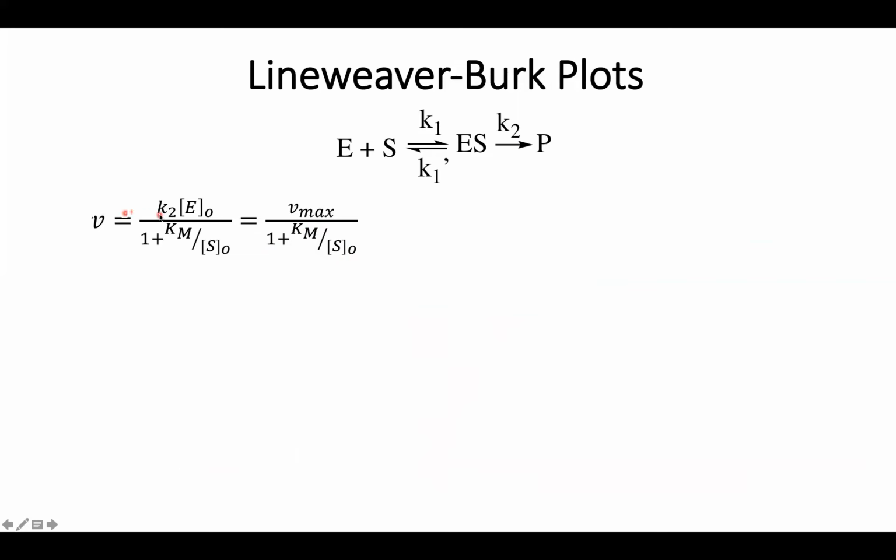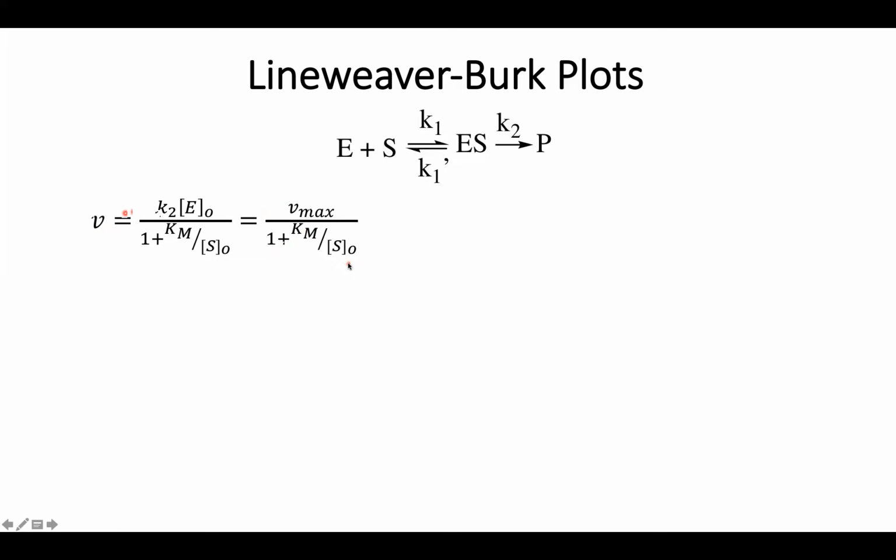So we can replace K2 times E naught as just Vmax. So I can give my rate as the maximum rate that this enzyme can accomplish divided by 1 plus the Michaelis constant times the initial amount of substrate.